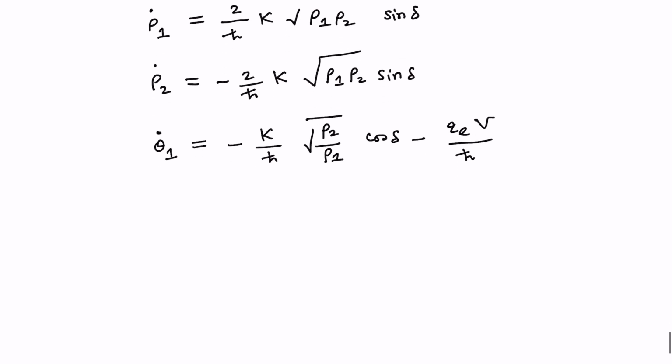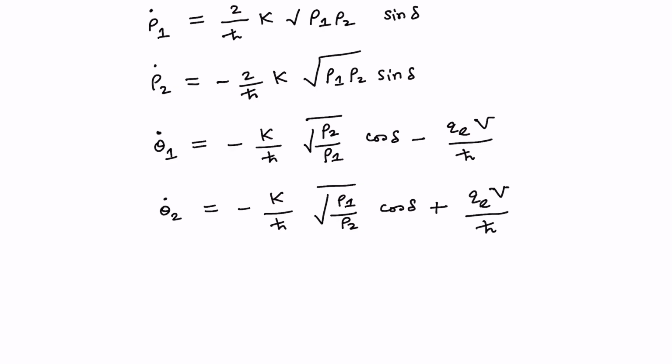And then theta 2 dot, the time evolution of the phase in the second superconductor, is minus k by h bar square root of rho 1 by rho 2 cos delta plus qE V divided by h bar.